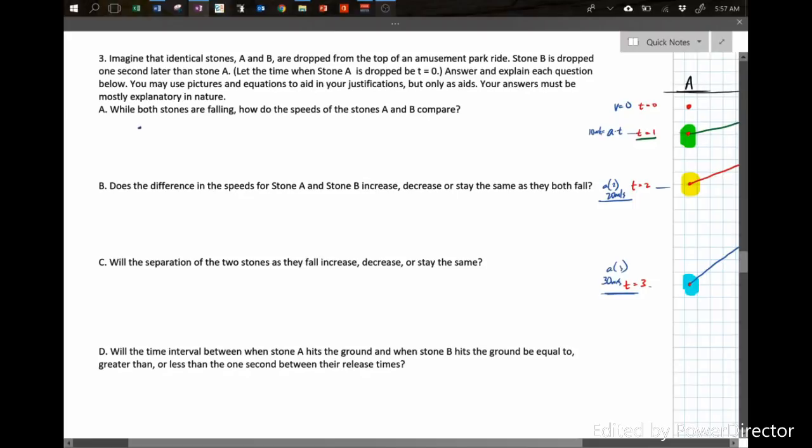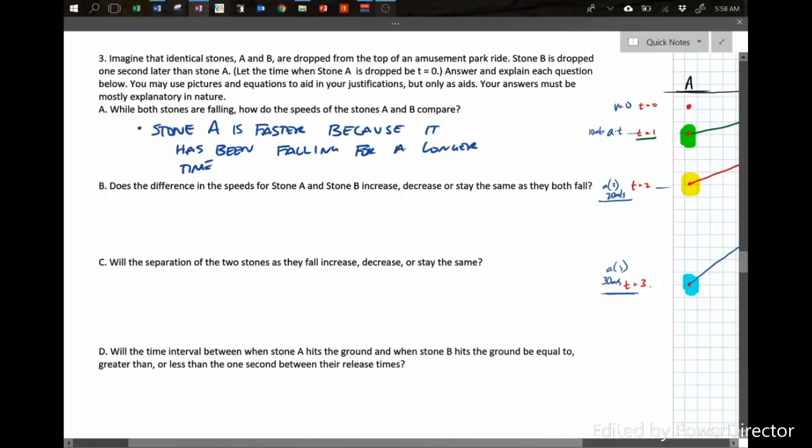So stone A is faster because it has been falling for a longer time.